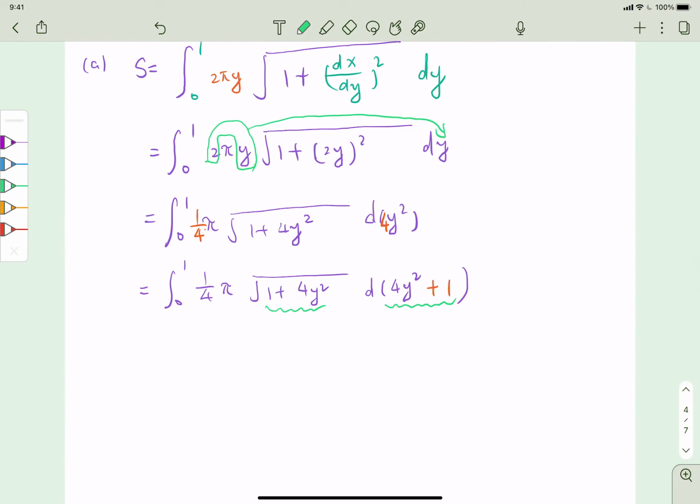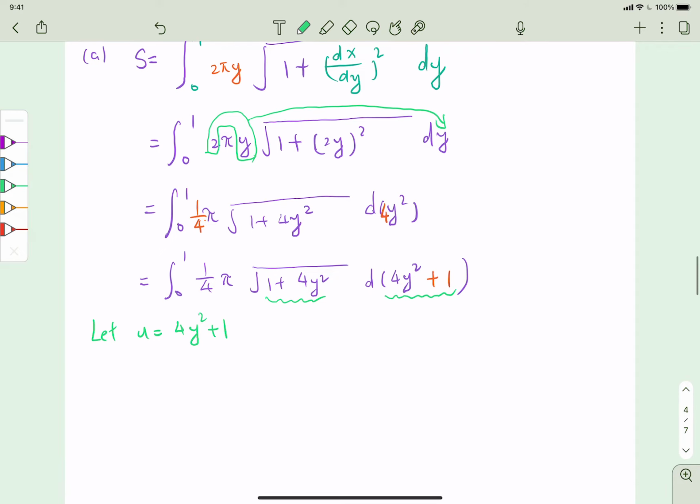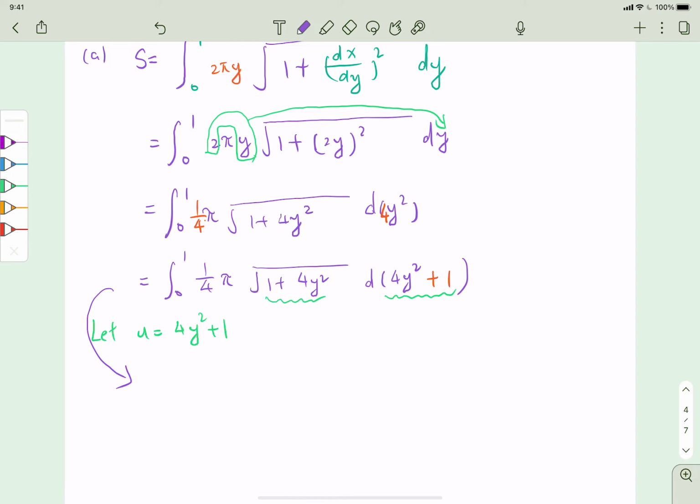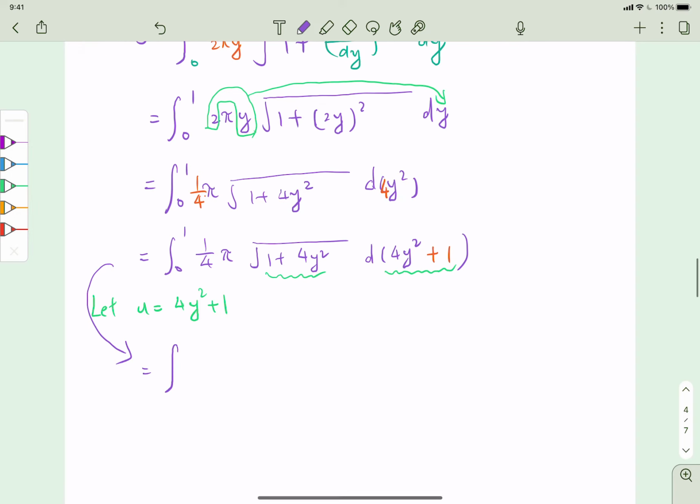And now I can let u equal to 4y squared plus 1. Okay? And the integration now becomes square root of u du.